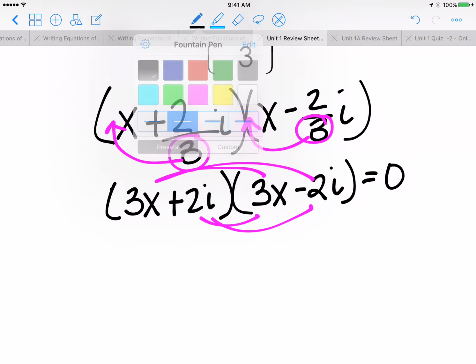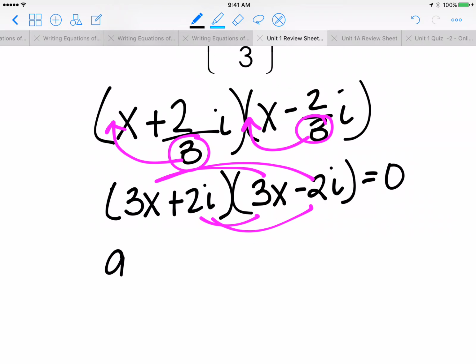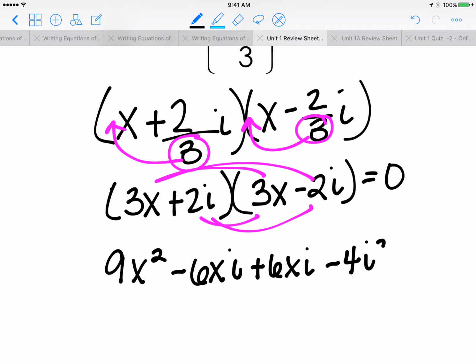So 3x times 3x is going to give me 9x squared. 3x times a negative 2i is going to give me a negative 6xi. 2i times 3x is going to give me a positive 6xi. And 2i times a negative 2i is going to give me a negative 4i squared equals 0.